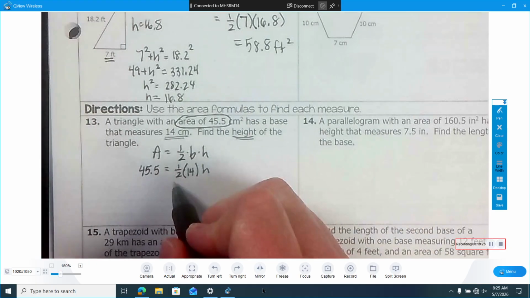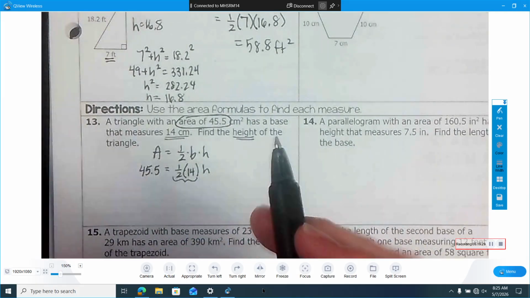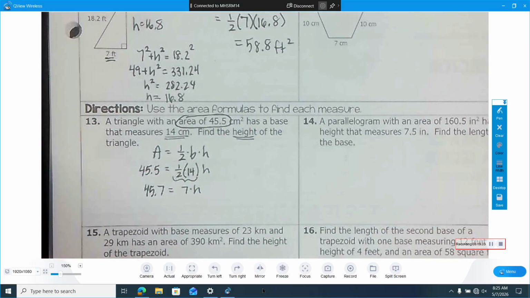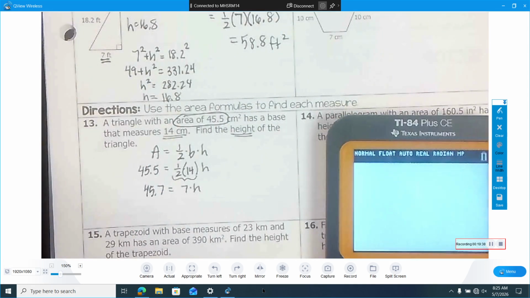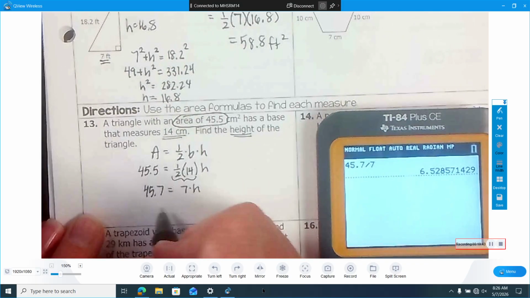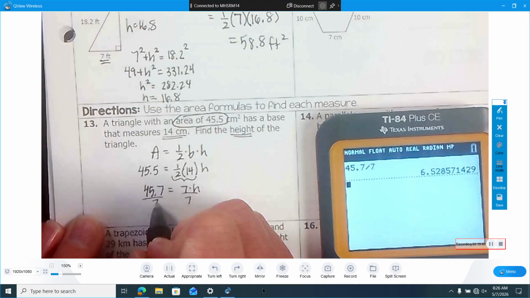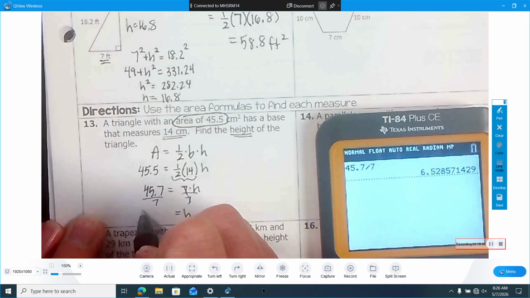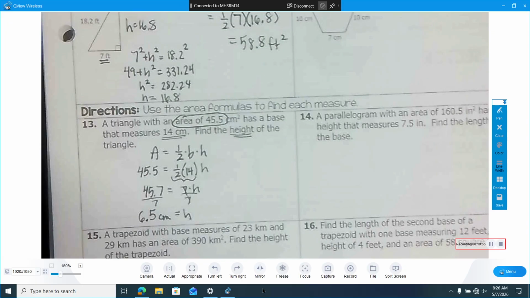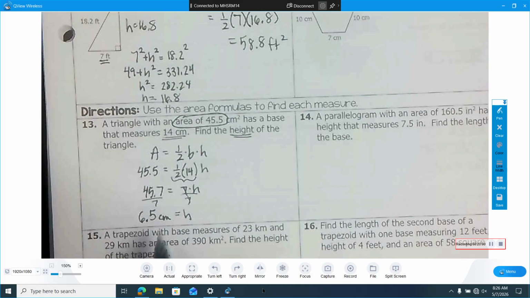I'm going to go ahead and clean this up because I can take half of 14. What is half of 14? 7. So I get 7 times height, and then how do I get height by itself? Divide by 7, yeah. 45.7 divided by 7 is, we get height is like 6.5-ish centimeters. 6.5?